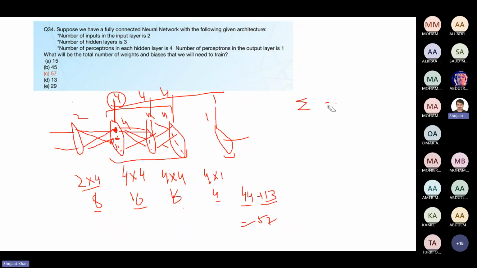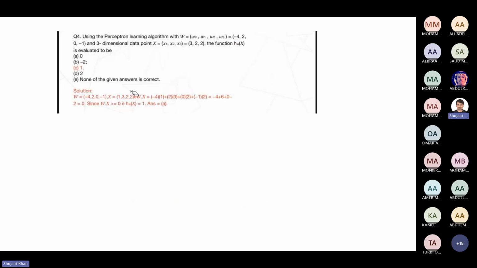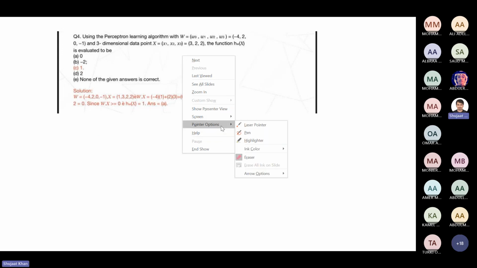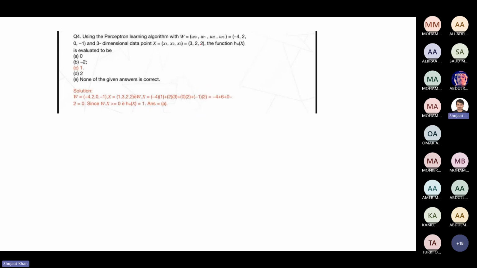If you remember the previous question, it's actually related to this one. Here you can see that you have one perceptron taking 3 inputs and 1 bias. So these 3 are its weights and 1 is the additional bias. Same as here.